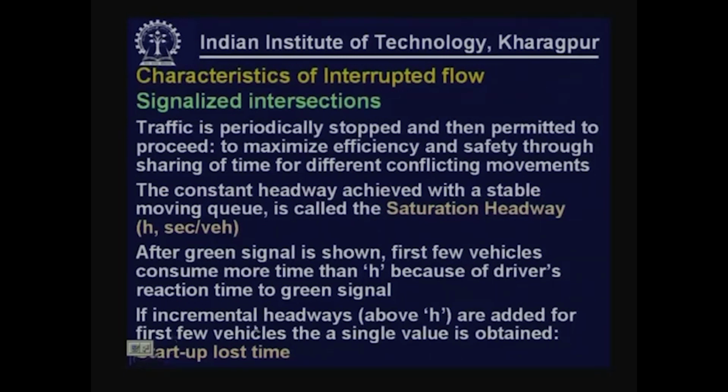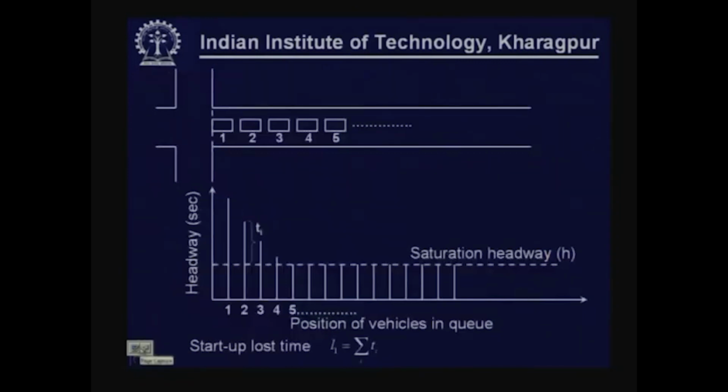So, carefully observe this terminology. If incremental headways above h are added for the first few vehicles, then we get a single value known as start-up lost time. That is what is shown here.